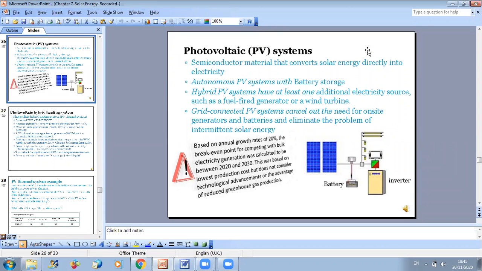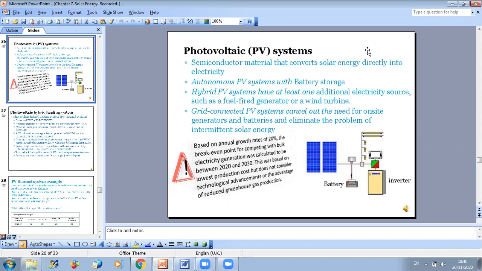So photovoltaic systems consist mainly of semiconductor material that converts solar energy directly into electricity. Autonomous PV systems with battery storage are found. We have hybrid PV systems that have at least one additional electricity source. As we said, sometimes we can combine any solar system with another system, such as a fuel-fired generator or a wind turbine. And currently, what we are using a lot is grid-connected PV systems, because by connecting them to the grid, when we have an excess of solar energy, we can give energy to the grid.